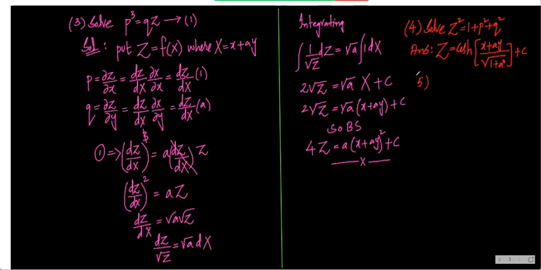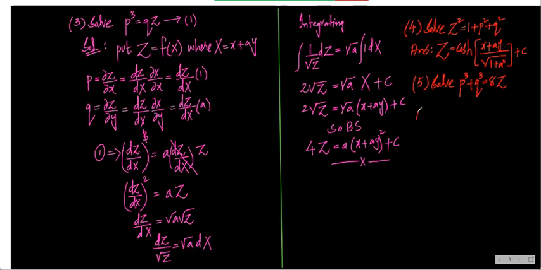Next, one more question, number 5 in this method, sorry, standard form 2. The question is, you have to solve p cube plus q cube is equal to 8z. P cube plus q cube is equal to 8z.